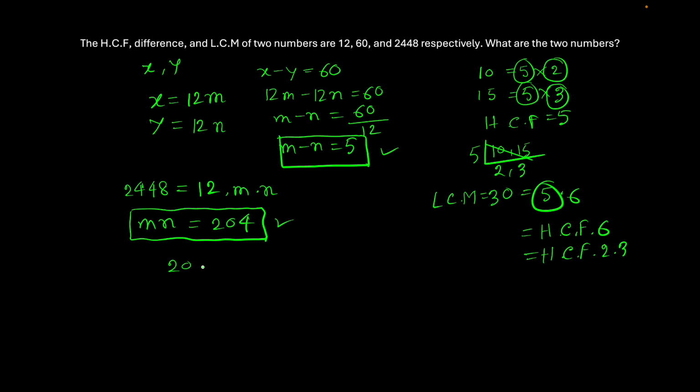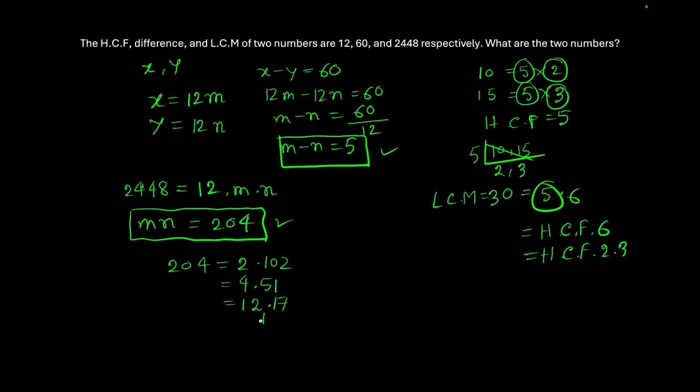So we can write 204 equal to 2 into 102, then 4 into 51, then 12 into 17. Now look at this. So this is m into n, and the difference between m and n is 5.